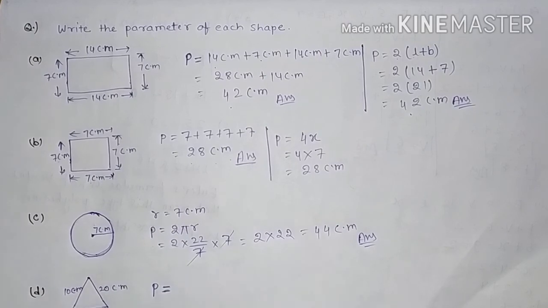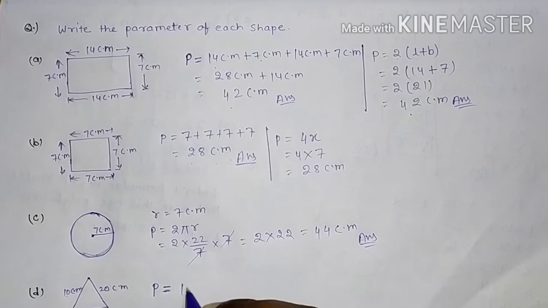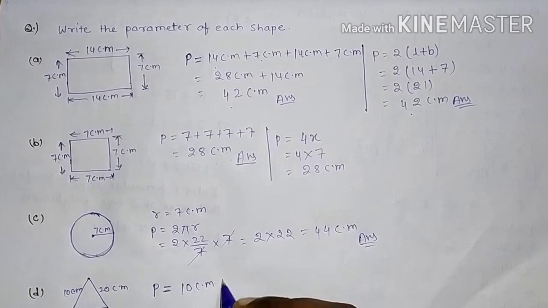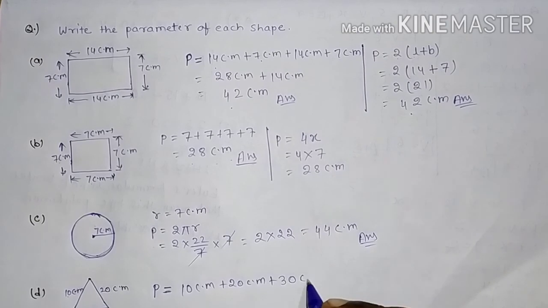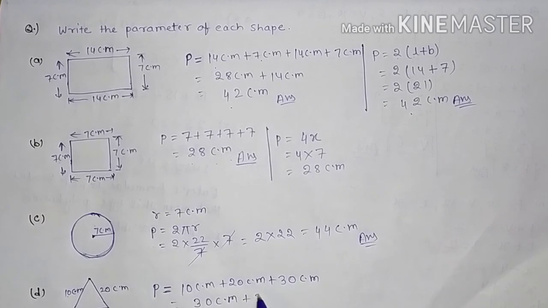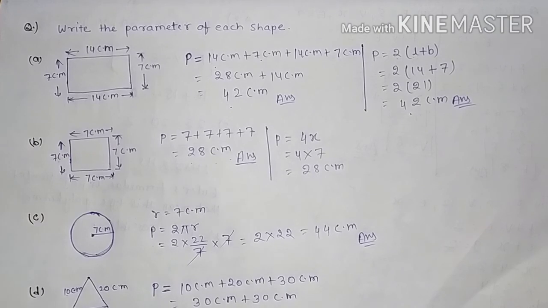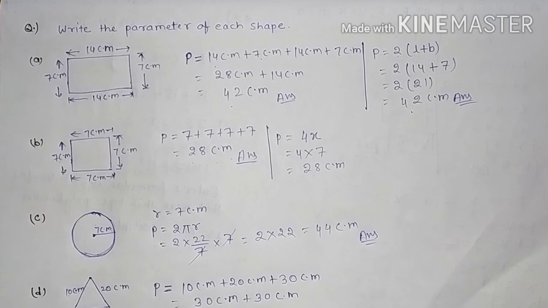So just add these three sides, that is 10 centimeter plus 20 centimeter plus 30 centimeter. So this is 10 plus 20, that is 30 centimeter plus 30 centimeter. So it will be 60 centimeter. And this is the answer.